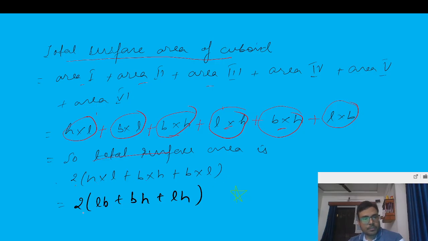If you arrange it, total surface area will be 2 into lb plus bh plus lh. This is just for easy remembrance. So this is your total surface area of all the six faces. This formula you have to remember while solving questions related to cuboid.